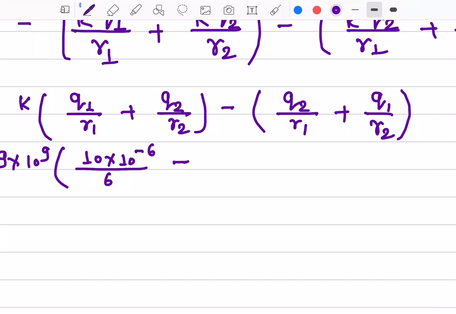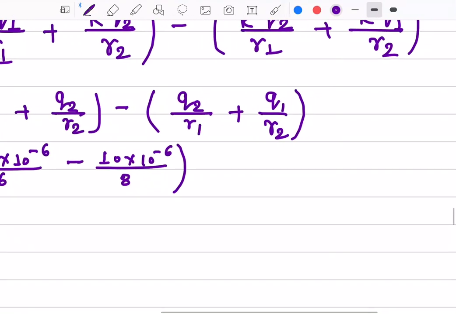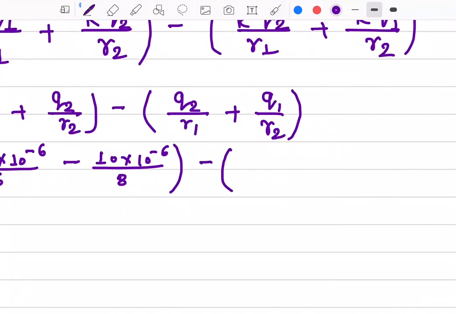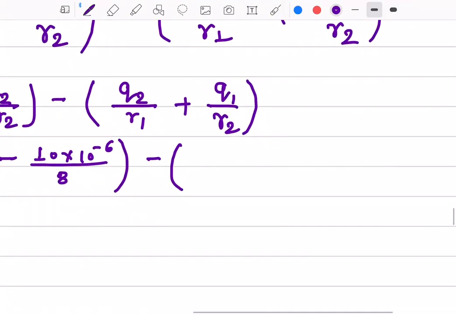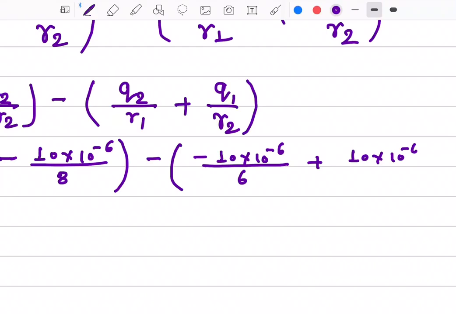Q2 is negative 10 times 10 to the negative 6, and R2 is 8 meter. Minus Q2, and the value of Q2 is negative 10 microcoulomb, so minus negative 10 times 10 to the negative 6, and R1 is 6 meter, plus Q1 is again 10 microcoulomb, and R2 is 8 meter.